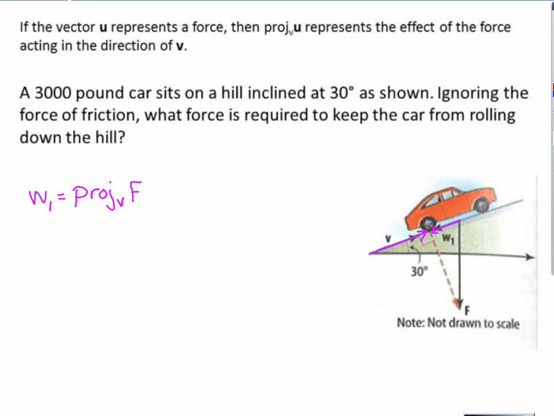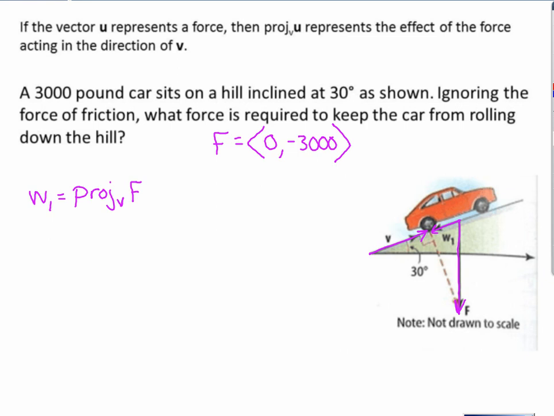So in this case, instead of our u and v, we have the vectors f and v, where f represents the force of gravity on the car. Because the car weighs 3,000 pounds, our force is pushing that car straight down, with a force of 3,000 pounds. So our vector f isn't going left or right; gravity pushes straight down, 3,000 pounds.